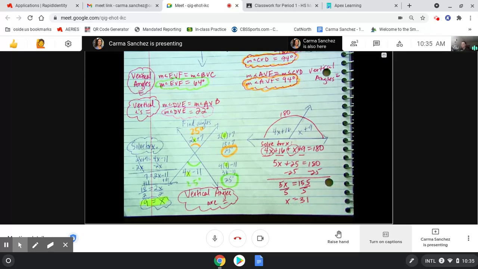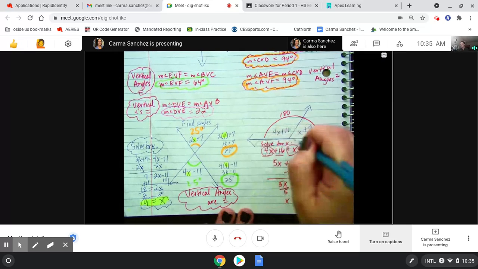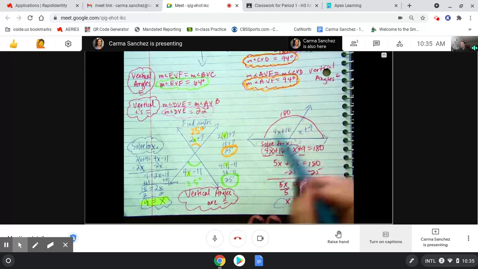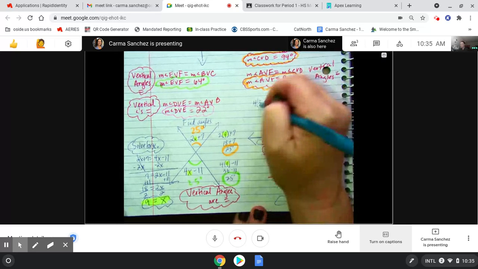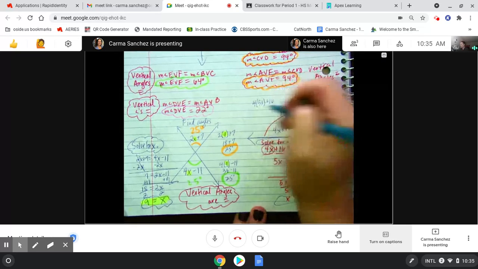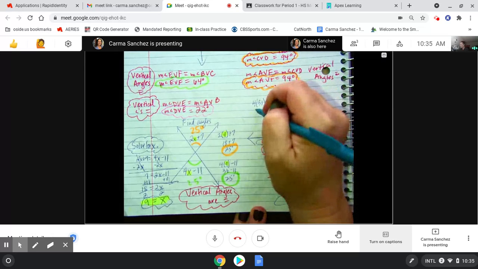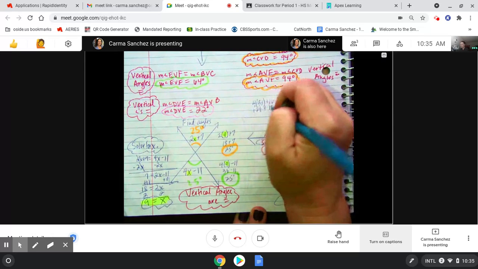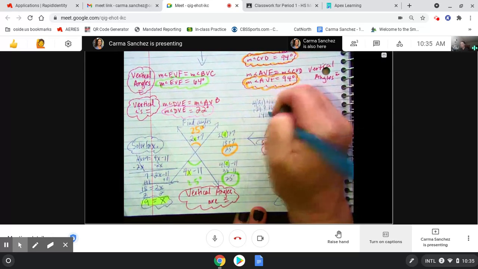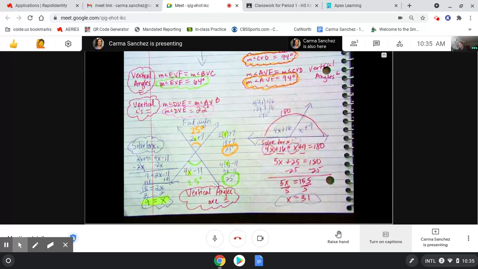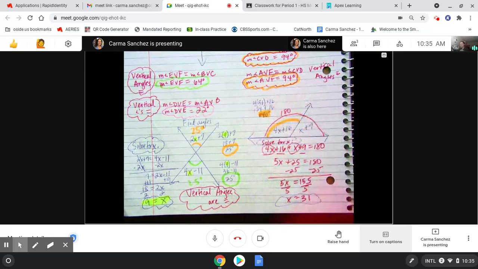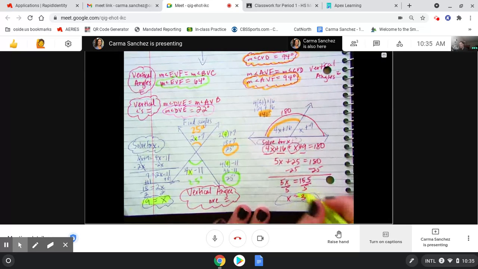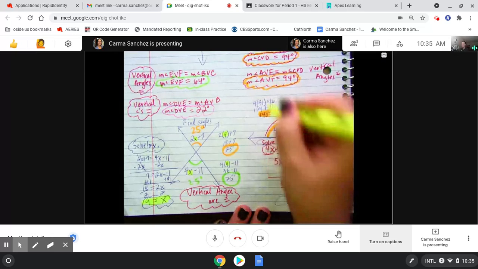So if it just says to solve for x, then I'm done. But if it asks me for the angle measures, I have to plug in. So we go 4 times 31 plus 16, and that gives me 124 plus 16, and that gives me 140 degrees. That means that the measure of this angle is 140 degrees because I took that x was 31 and I plugged it in for x to solve.